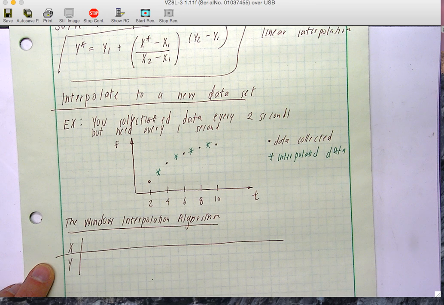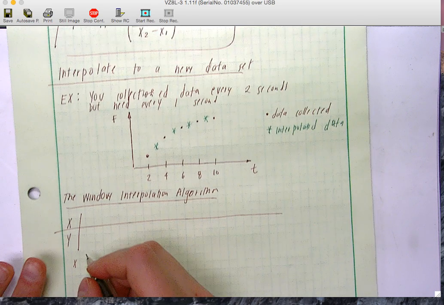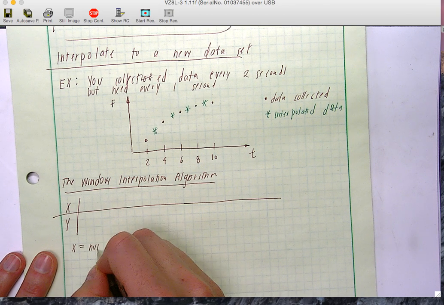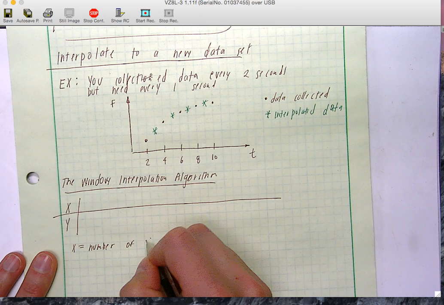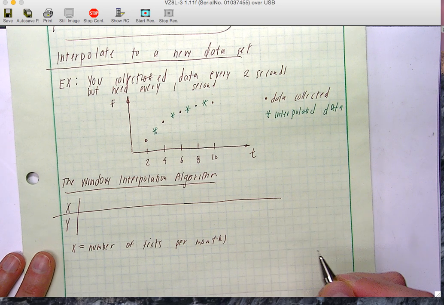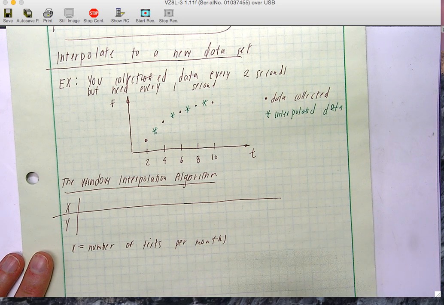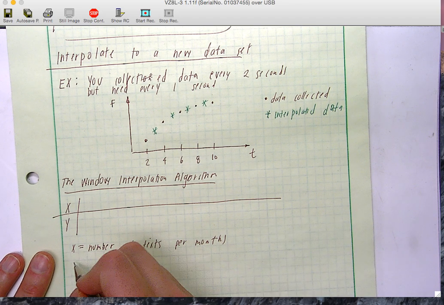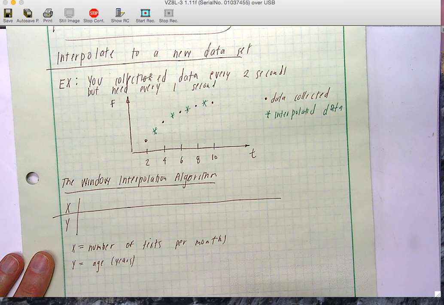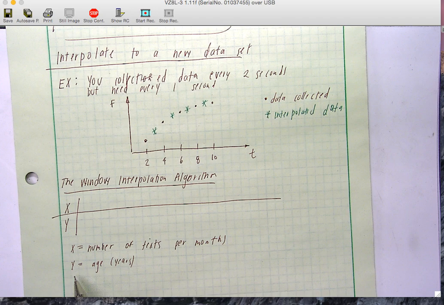Okay, so I have an example that I'm going to use for this window interpolation algorithm so that we can actually do some calculations as we're working through it. And it's a really, really stupid example. I came up with it for an interview that I was doing. I had to do like a lecture at the interview, and what I'm looking at is a set of data that is the age of an individual compared to the number of texts that they send and receive per month.